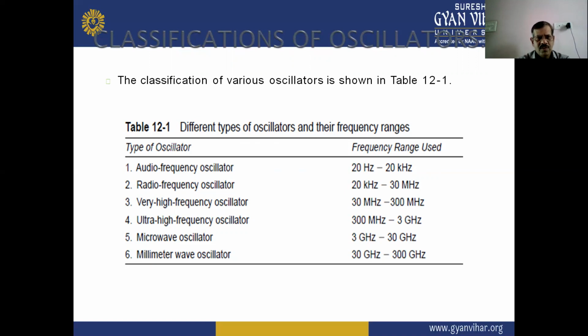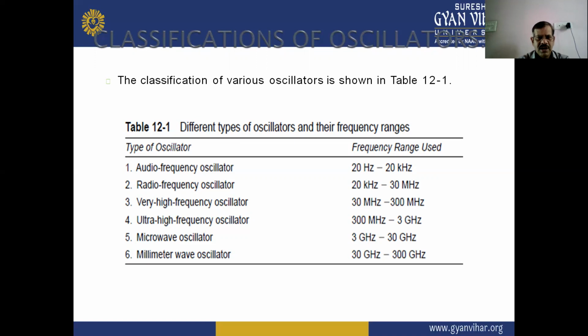The second is the radio frequency oscillator, with a range of 20 kHz to 30 megahertz. The third is the very high frequency oscillator, with a range of 30 megahertz to 300 megahertz. The next is the ultra high frequency oscillator, with a range of 300 megahertz to 3 gigahertz.